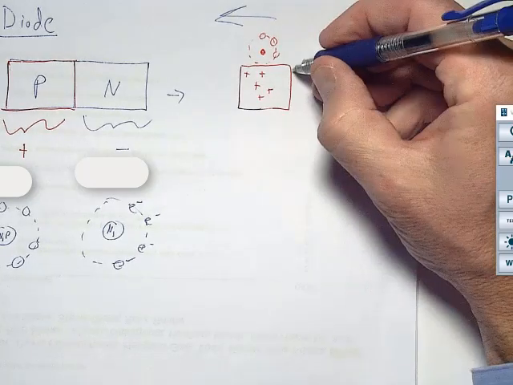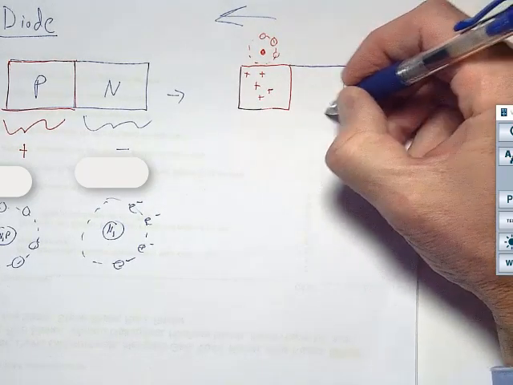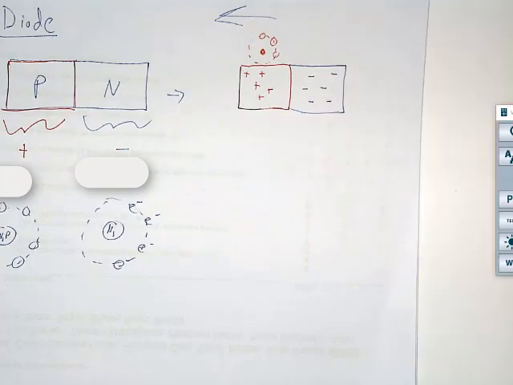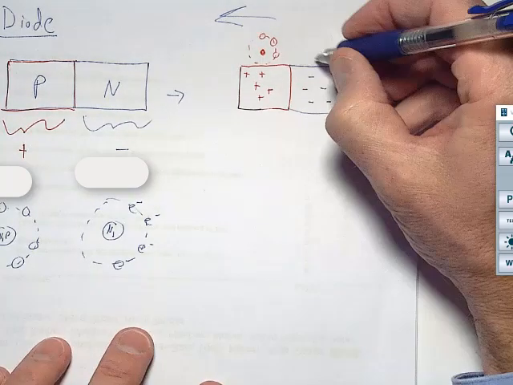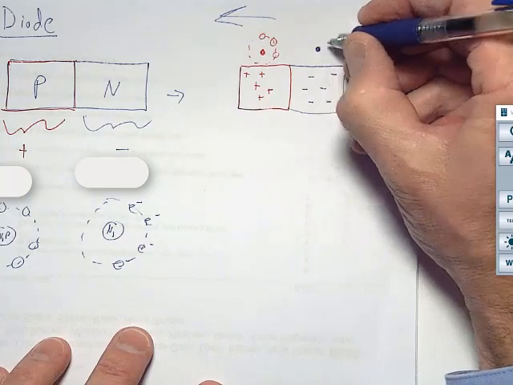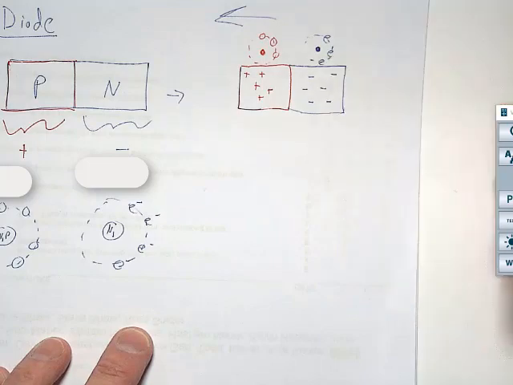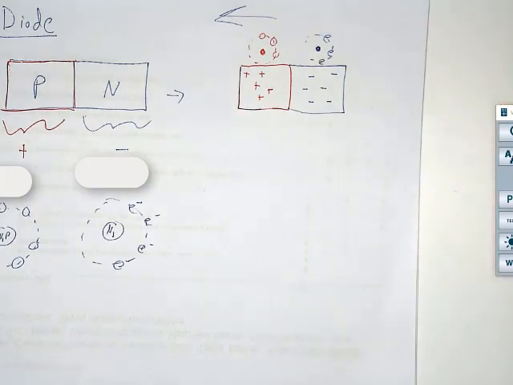Then here comes the negative side, and it's really got a whole bunch of negatives in here, and we're going to jam them together. I want to keep in my head this notion of an atom that has all of these extra electrons cruising. So I stick these guys together. What is going to happen?